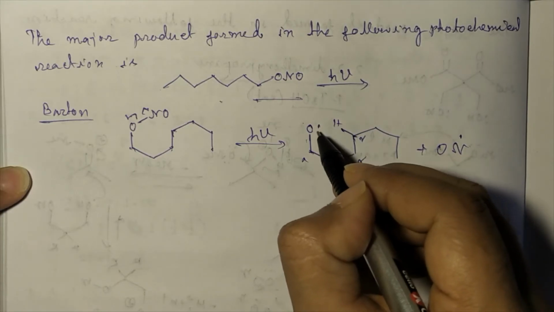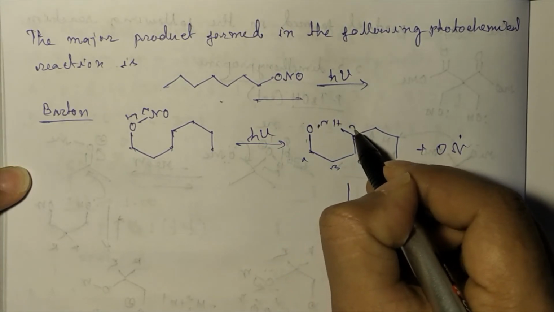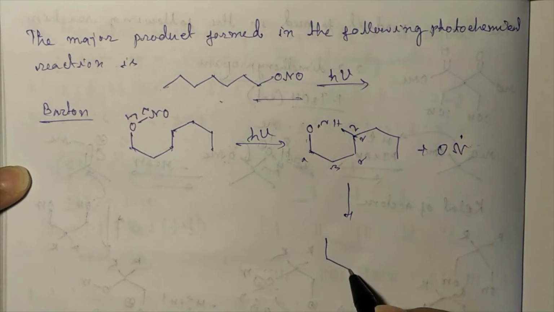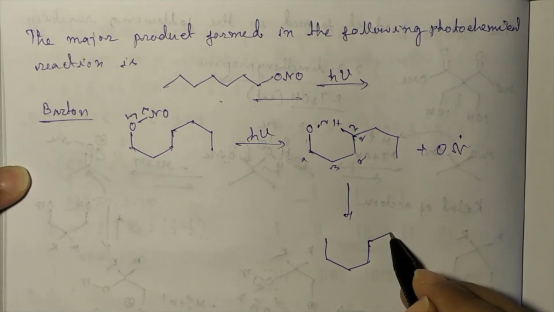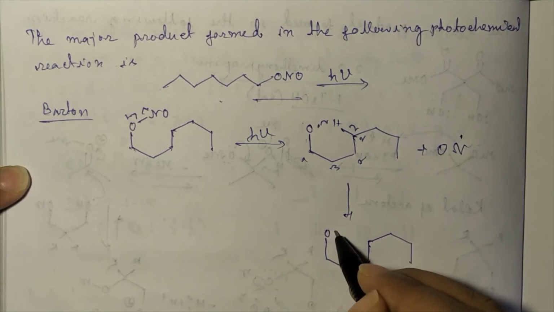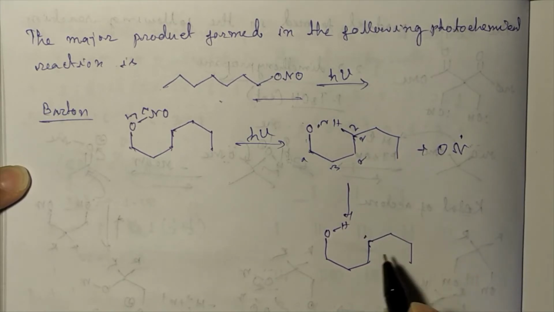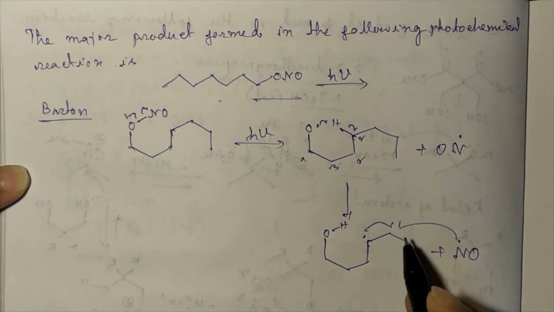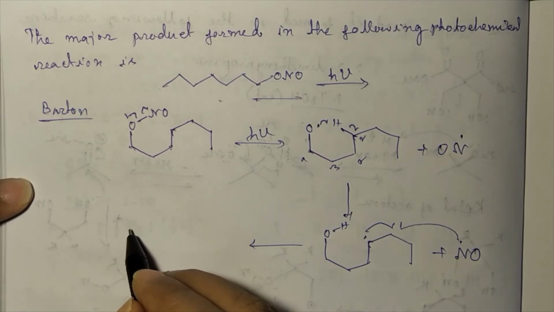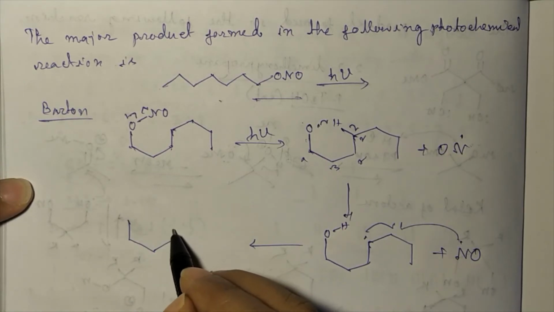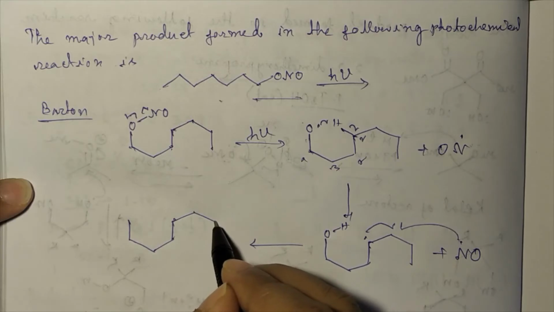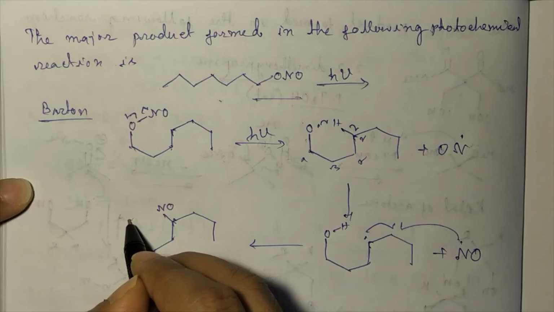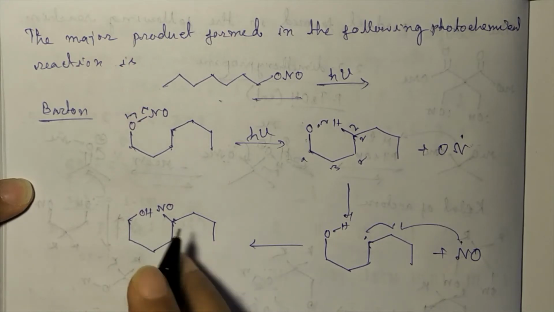So it will take this hydrogen and one radical will form here. So it will be OH and one radical will be there, plus NO. Now these two radicals will combine to form the product, NO. It will be OH. So this will be the product.